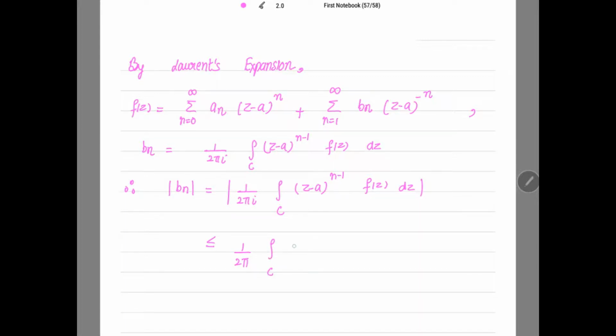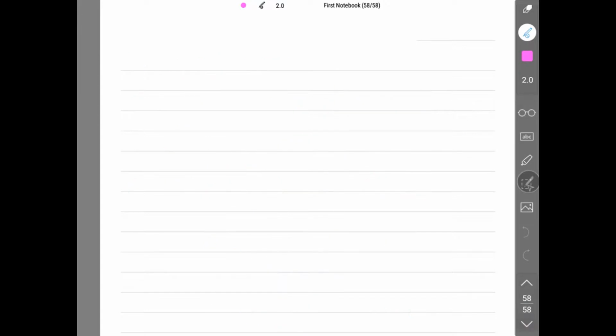So the integral over C of mod of (z minus a)^(n-1), and mod of f(z) is less than or equal to M, and then we have mod of dz. Clear? So this is 1 over 2 pi. What is mod of z minus a? It is the radius of your circle, r^(n-1), times M, times mod of dz, which we will calculate on the basis of this integration.